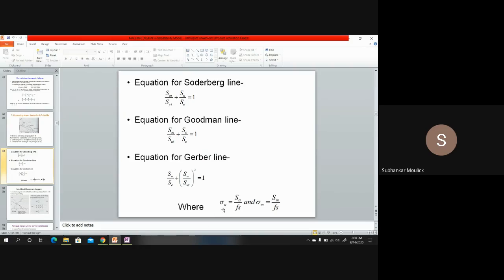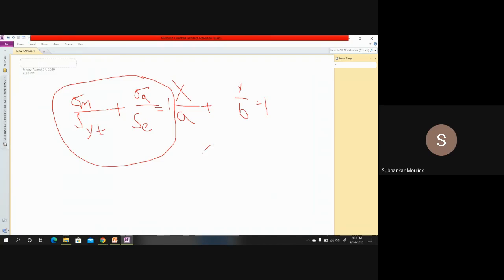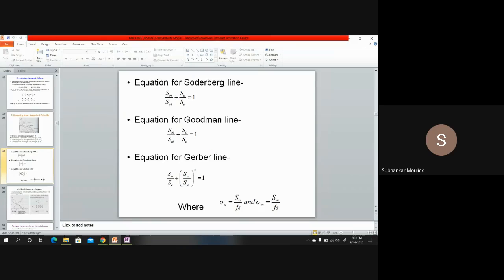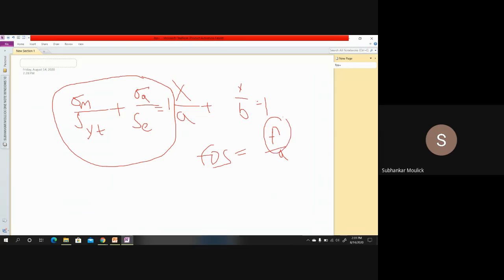Now if I include factor of safety into account, I know that factor of safety is equal to failure stress by allowable stress. So if I talk about Soderberg line, factor of safety will be failure stress.